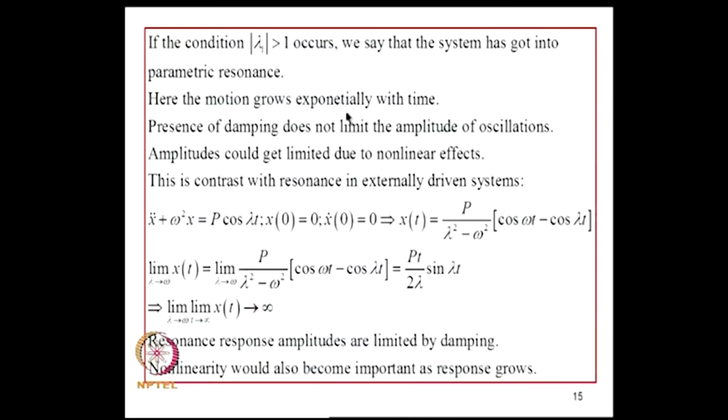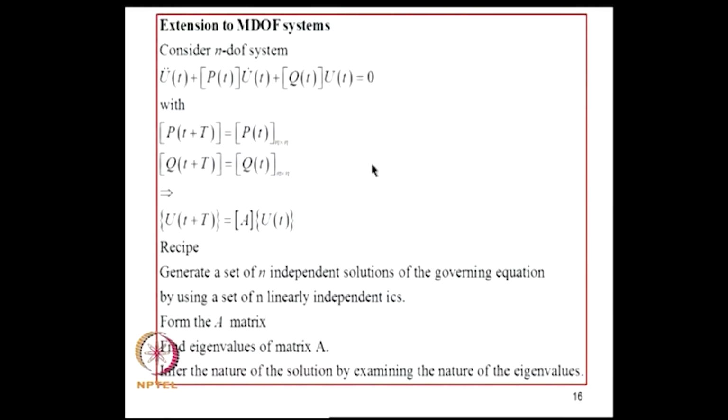So damping treatment will not solve problems of parametric resonance, whereas it will solve the problem of resonance under external excitations. Of course, as amplitudes become large, for a linear system the amplitude tends to infinity, but once the amplitude crosses certain limits, the system nonlinearities kick in and the behavior will be altered due to the presence of nonlinear terms.